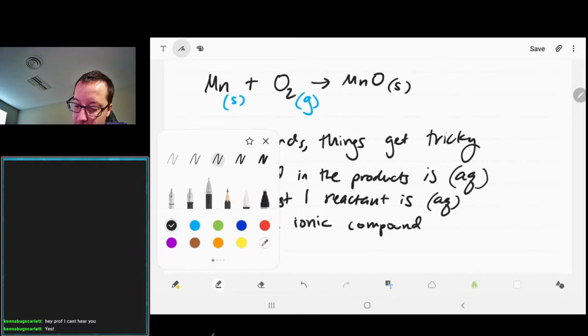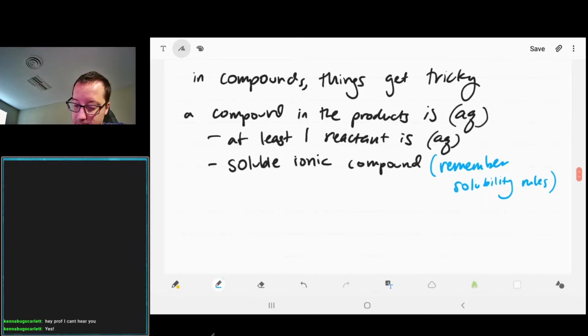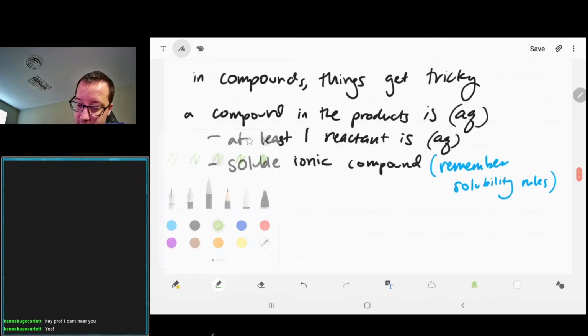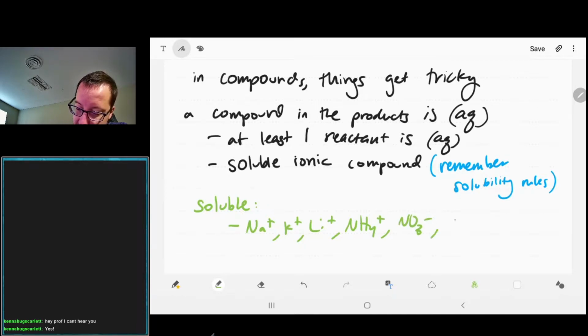So we may want to remember the solubility rules. I guess we can quickly go over those again. Soluble things: the first one was stuff with sodium, potassium, lithium, ammonium, nitrate, and acetate.